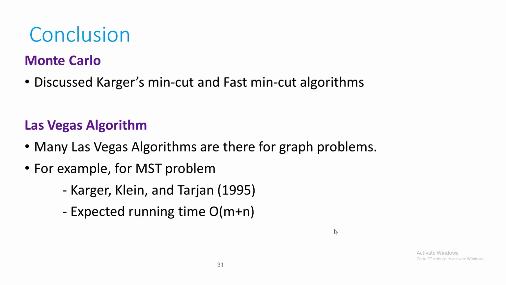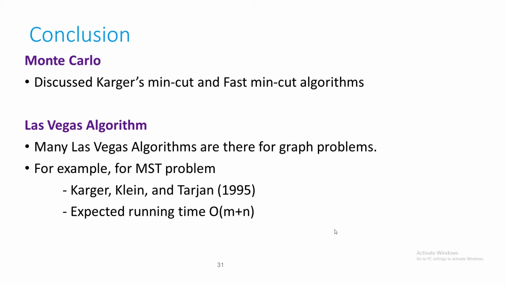In graphs also there are a lot of Las Vegas algorithms. One such algorithm is for the minimum cost spanning tree problem. What are the algorithms known to you? Prim's, Kruskal's algorithm, etc., correct? But the beauty of this randomized algorithm is that it runs in almost linear time, of order m plus n.